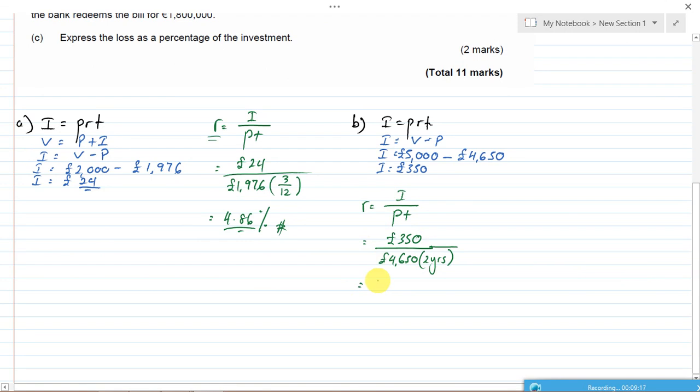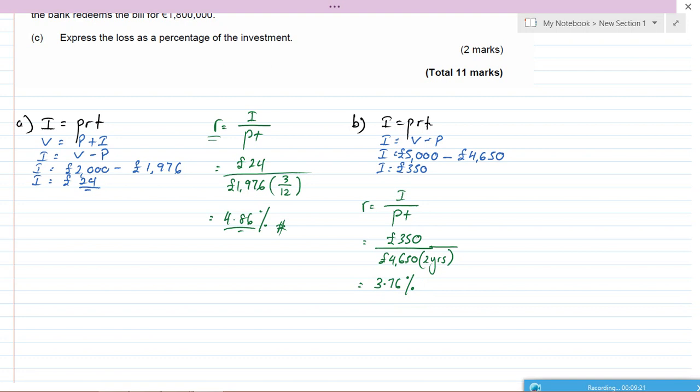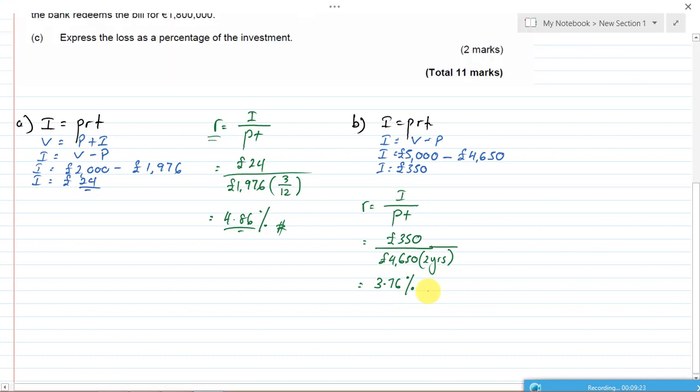So you will get 3.76%. But be careful, please be careful, this percentage is per annum. When you divide, you will get the R is only for per annum, or we call it 1 year.